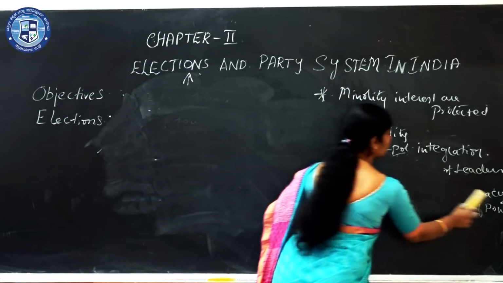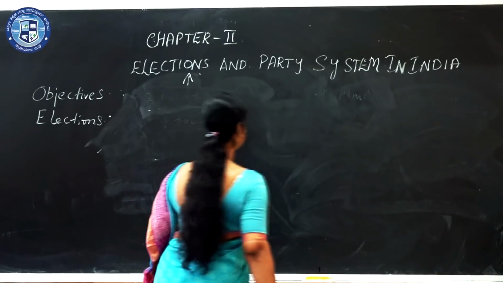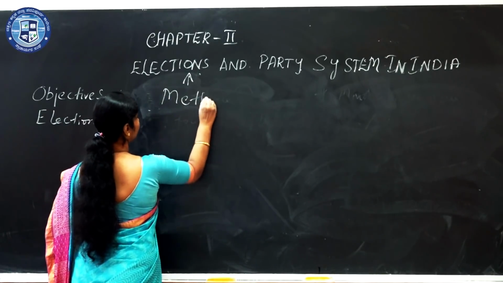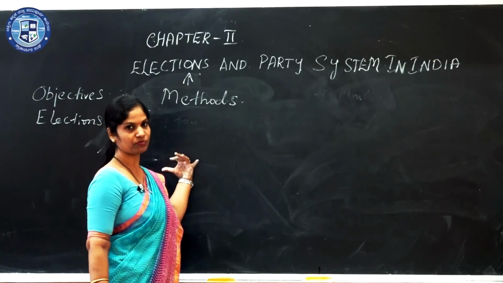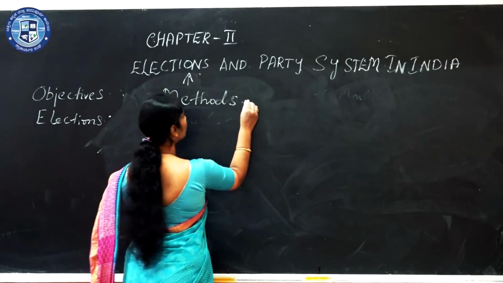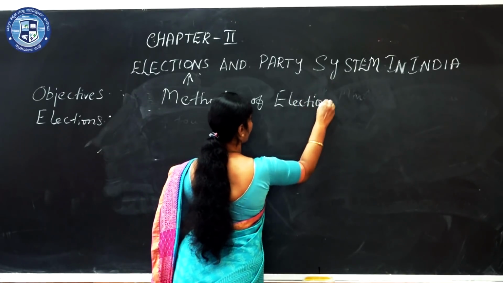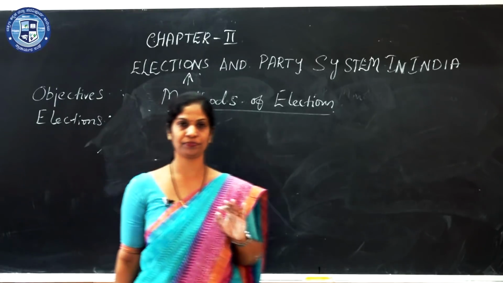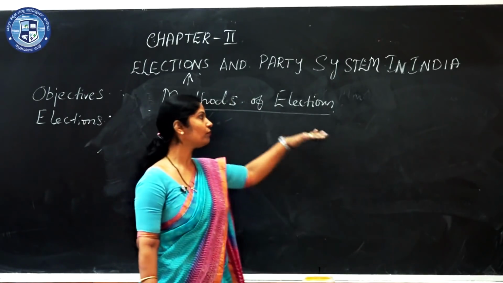Okay, now let us move on to the next concept under elections, and that is the methods of elections. Just now we studied the types of elections, and here you are going to study the two methods of elections. In a democratic system, we come across two methods of elections.